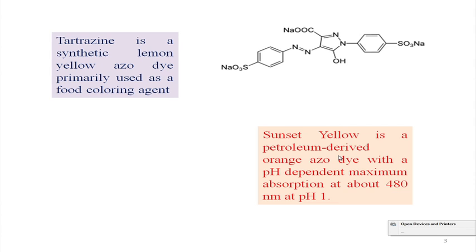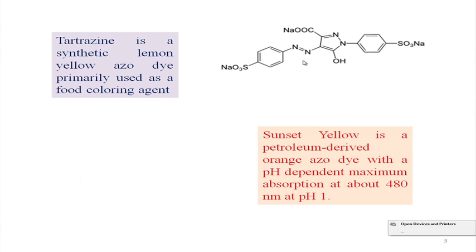Only thing is that at a very high pH value, there are certain positions like these nitrogens having lone pairs of electrons, and those sites can be protonated, similar to your sunset yellow.